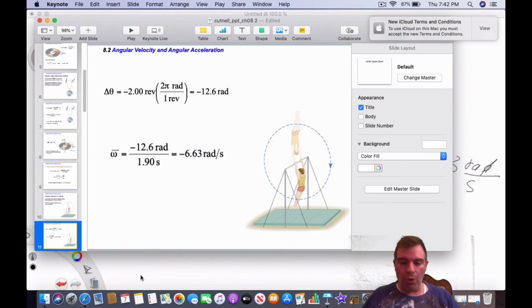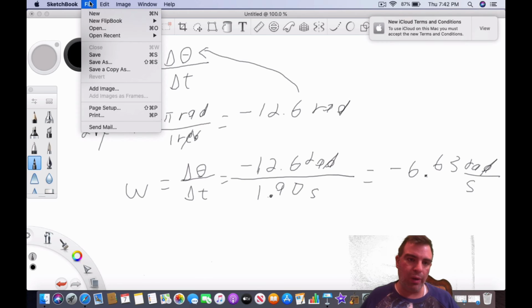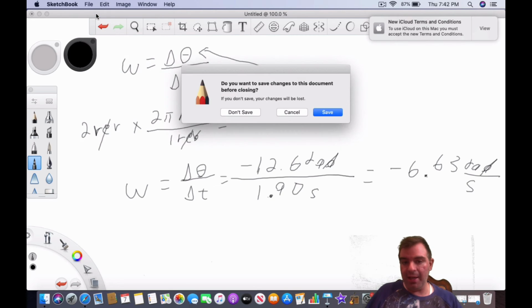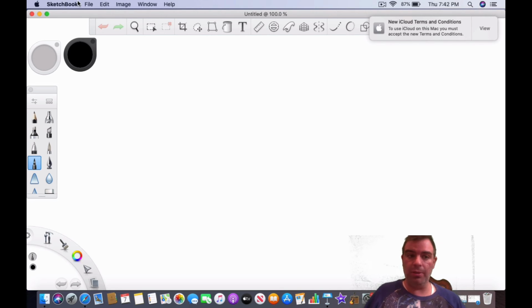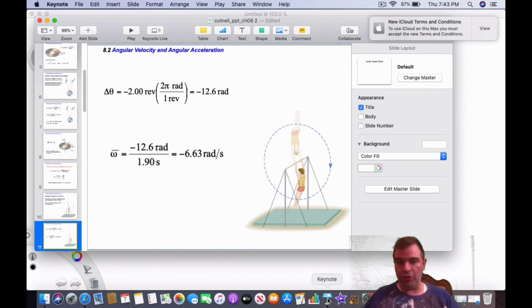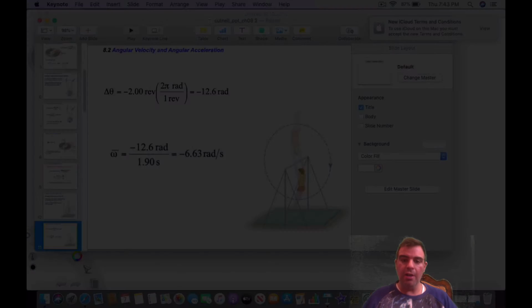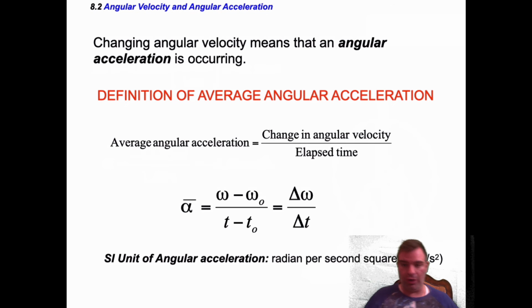Okay, so let's erase this. Once we speak about angular displacement and angular velocity, the next thing we're going to talk about is angular acceleration. It just simply makes sense. So what is angular acceleration?